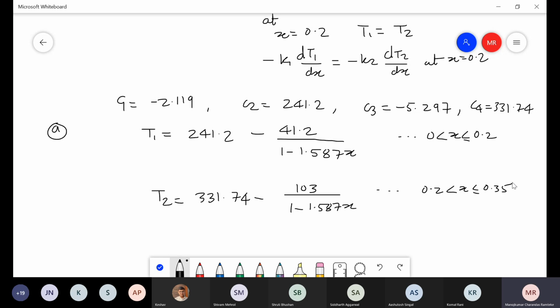Okay. So check whether you all are getting these answers or not. Remember in part A we were interested to find out the temperature distribution in layer 1 as well as layer 2. Correct. So these are the answers for part A. Just check whether you all are getting the same or not.